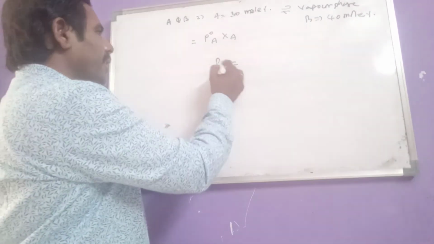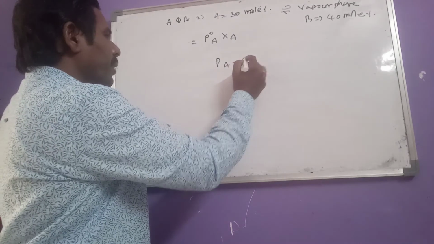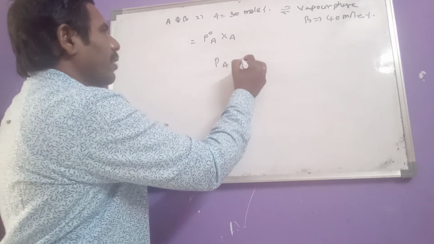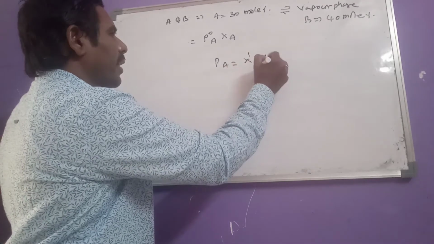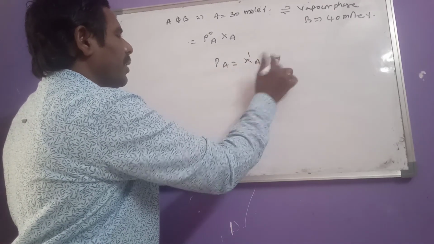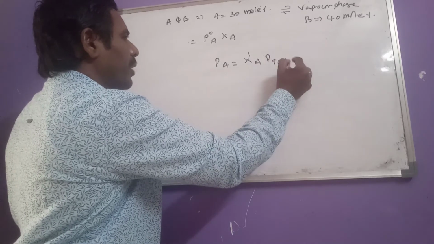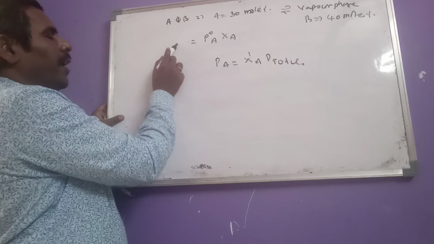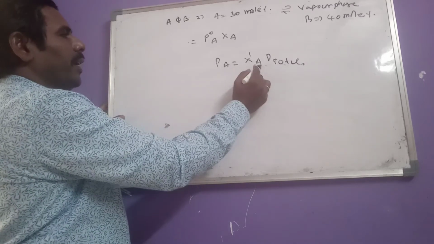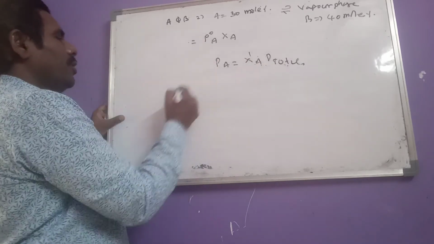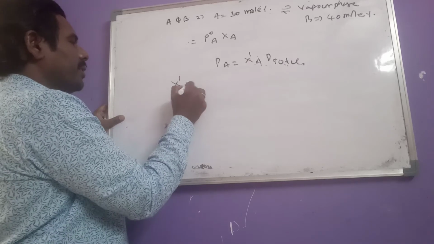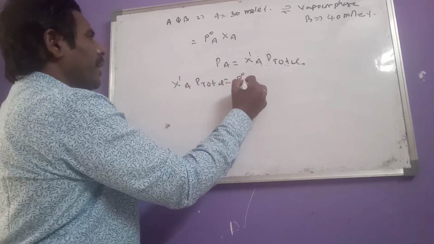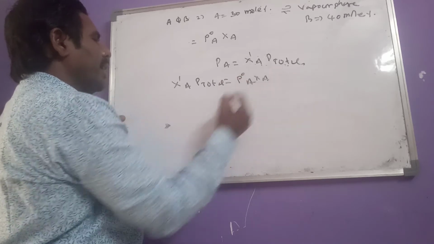According to Dalton's law, PA equals X dash A into P total. So by substituting that PA value, X dash A into P total equals P naught A XA.